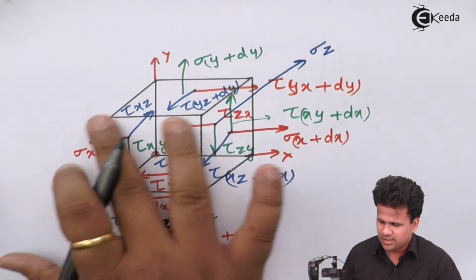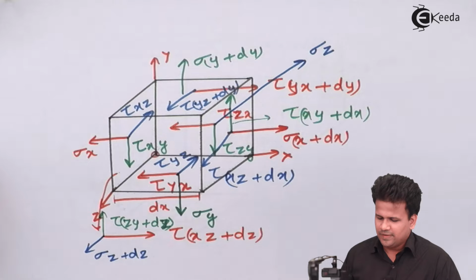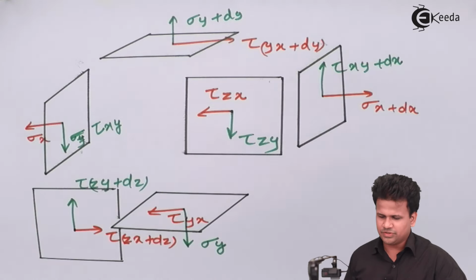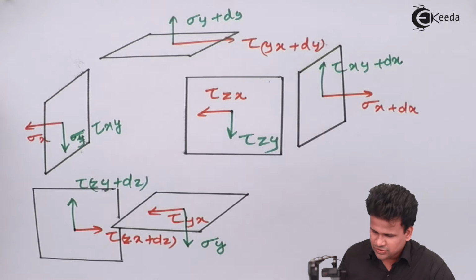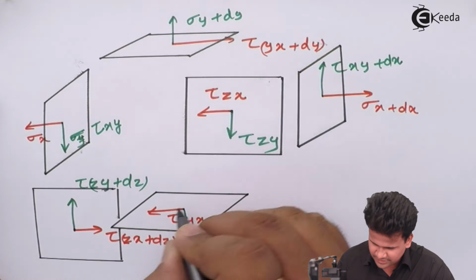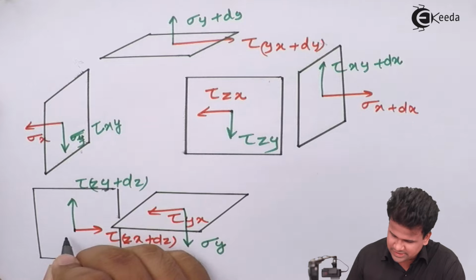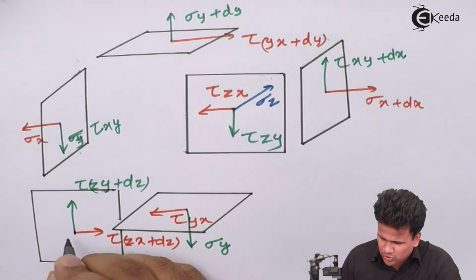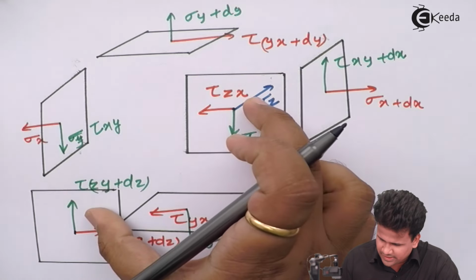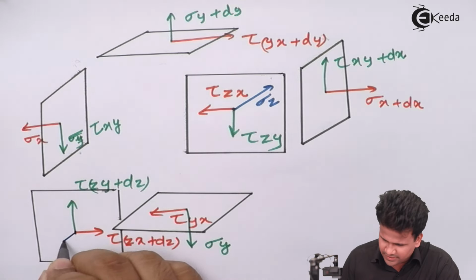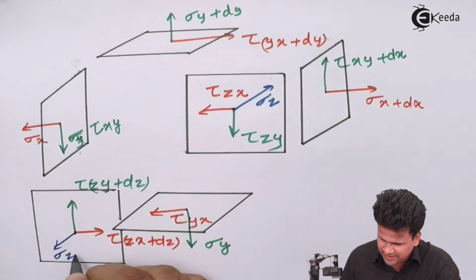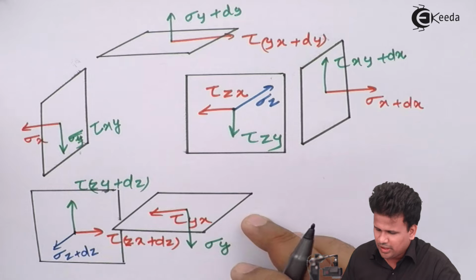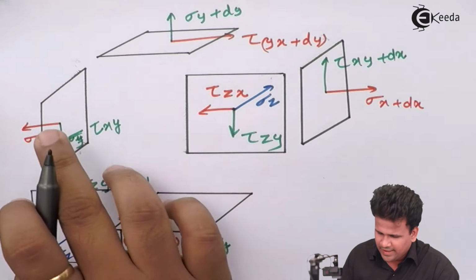You can see the diagram is a bit shabby, but we'll denote on the individual planes. So the first plane is this plane, along the z direction. Over here this will be sigma z, and on this plane at a distance of dz, this will be sigma z plus dz. Next we denote along the x planes.